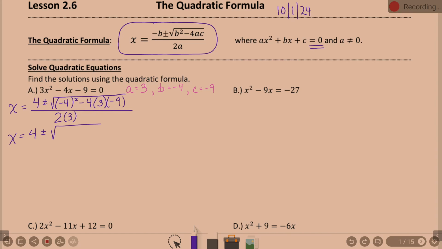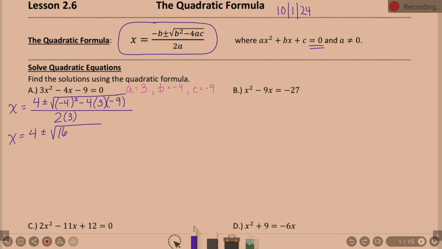There is a difference on your calculator if you put this in versus if you put this in. They're going to give you different answers. So beware, we want the one that is negative 4 squared. And what is negative 4 squared? Positive 16. Okay, so my point is, b squared is always going to be a positive value right there.